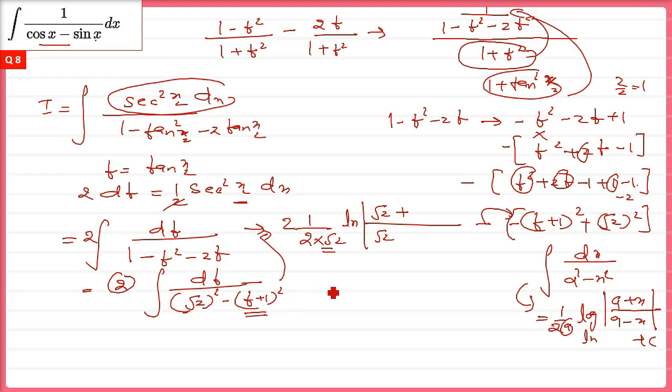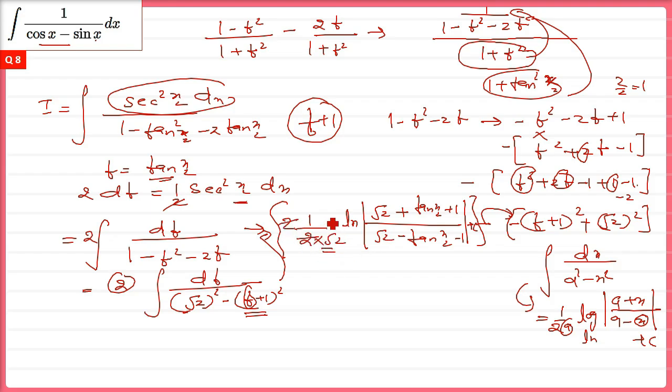Now t was tan x by 2, so t plus 1 is tan x by 2 plus 1. Root 2 minus tan x by 2 minus 1, because when you multiply by negative, it will be all negative. So negative tan x by 2 negative 1 plus constant of integration. This whole is the answer, but the 2 gets cancelled, so 1 by root 2 ln modulus of what is inside is your answer.